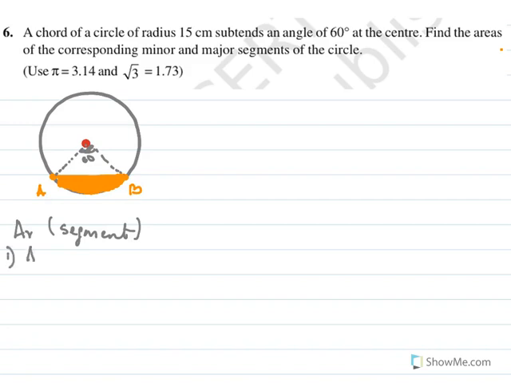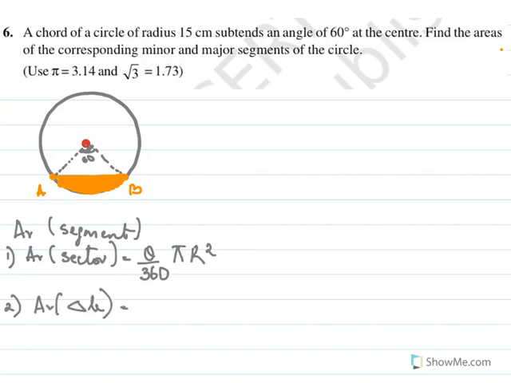First step, we find area of sector by using the formula theta over 360 pi r square, and in the second step we find area of triangle. In this case, because it is 60, it will be an equilateral triangle, but we need to prove it's an equilateral triangle. So let us go to the first part, to find the area of the sector.